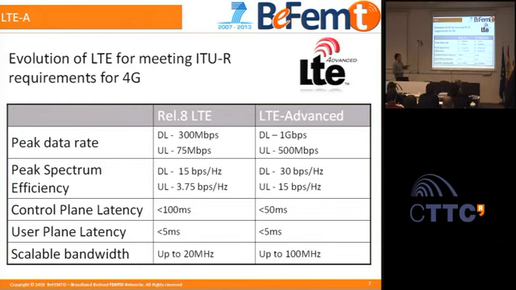And one of the most important characteristics of LTE-Advanced is that the bandwidth to be handled is defined up to 100 megahertz in order to reach the peak target data rate. In LTE it is defined up to 20 MHz, but in LTE-Advanced it is defined up to 100 MHz. That is a problem from the technology point of view.